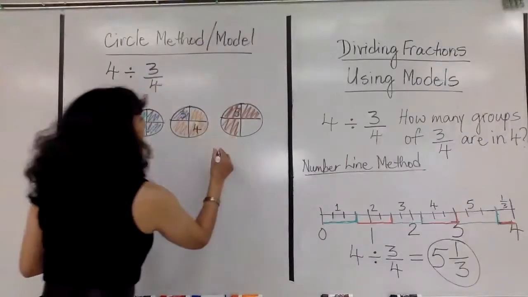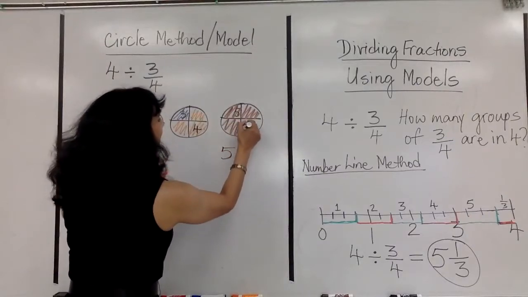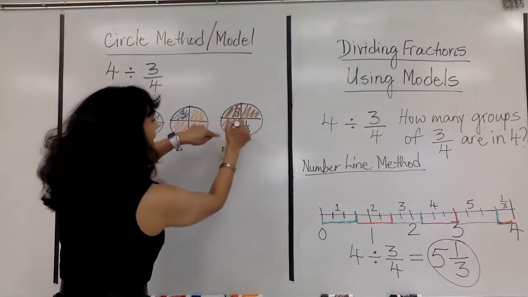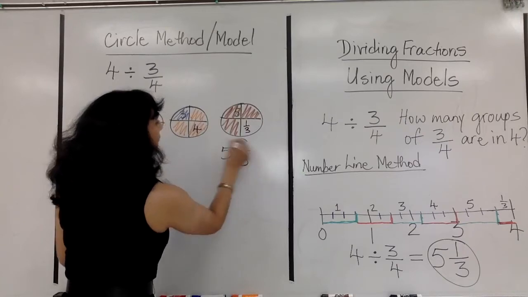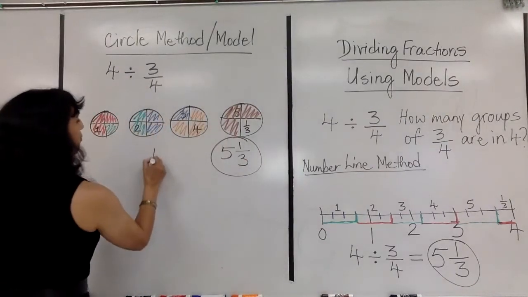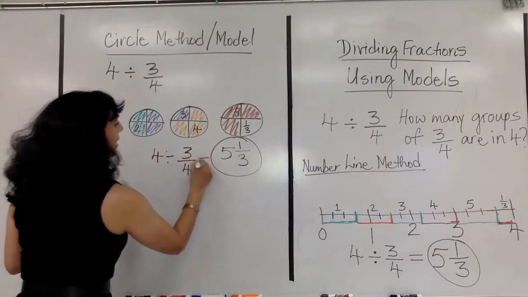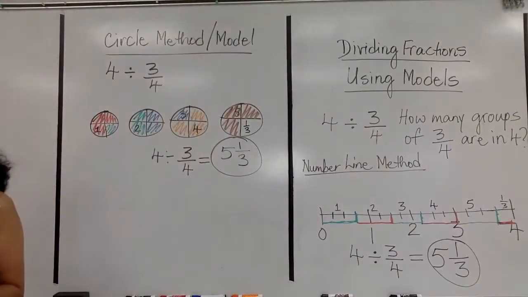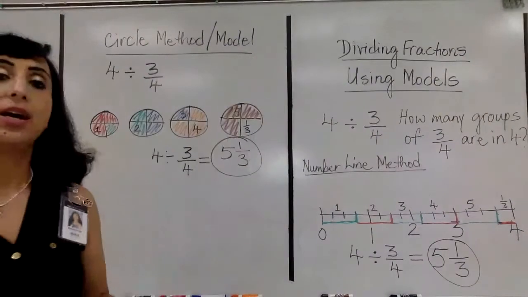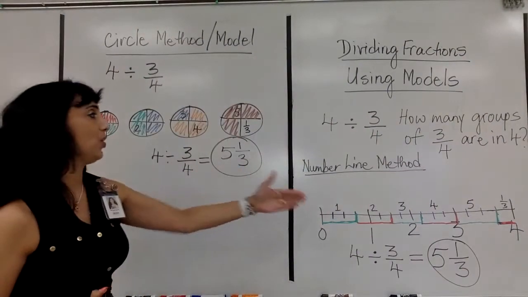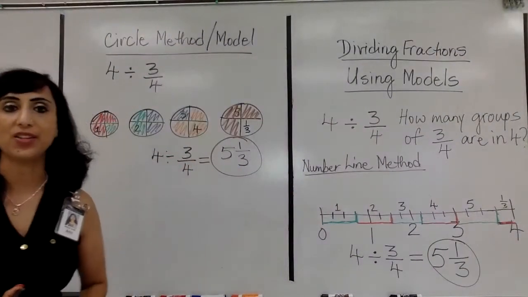So 5, and this little tiny thing is my 1 out of the 3 that is formed. So I have 5 1/3. So 4 divided by 3/4 is equal to 5 1/3. So it's the same, whichever method you use, you'll still get exactly the same answer.